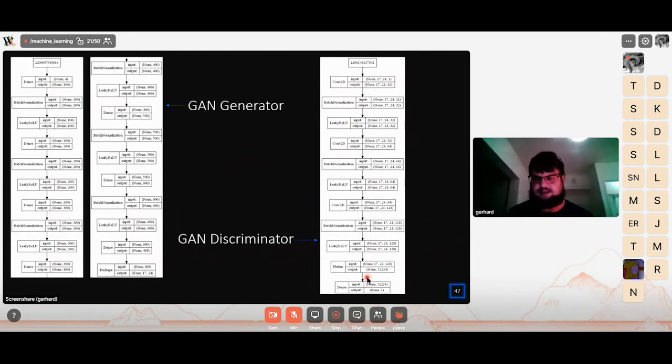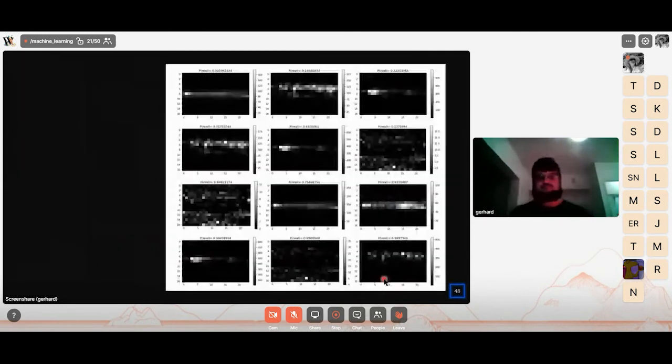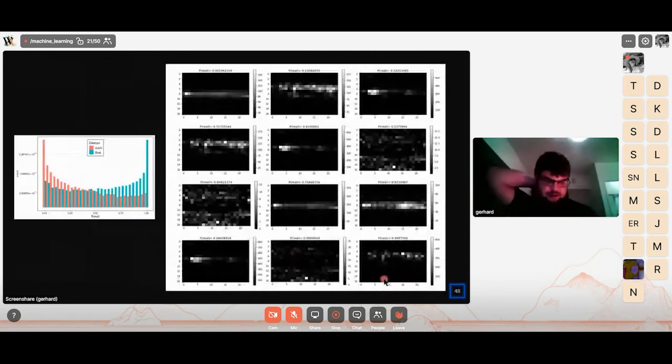For the discriminator, I used a convolutional network, not very intricate: three convolutional layers, then flattening that convolutional output and feeding it into a classifying layer.